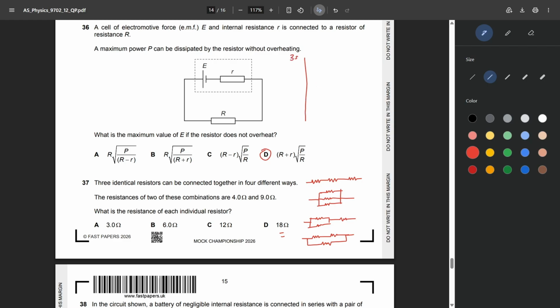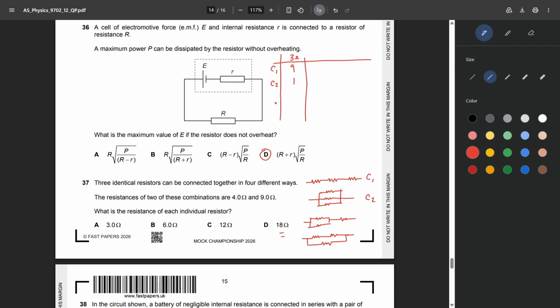For the 3 ohm resistor, combination 1, let's call it C1, gives a total resistance of 3 plus 3 plus 3, which is 9 ohm. Let's call this combination 2. If 3 resistors are connected in parallel, we get 1/3 of each individual resistor. So 1/3 of 3 is 1. That's the value of resistance of C2 if all of these resistors are 3 ohms.